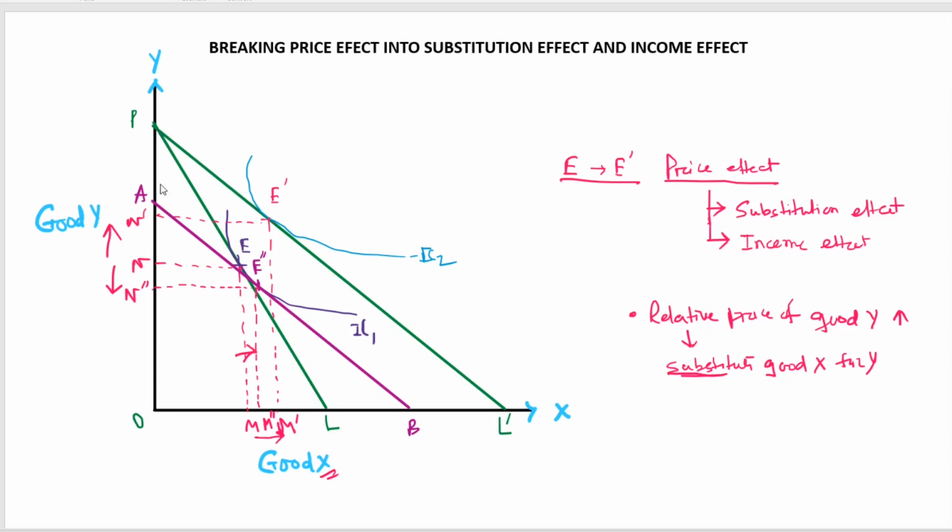Okay, because we have nullified the income effect. Now the consumer is not at the E double prime point presently, he is at the E prime point. So we have to give the consumer the real income which has been increased by the fall of the price of good X. So the first movement is E to E double prime, and this is due to the substitution effect.